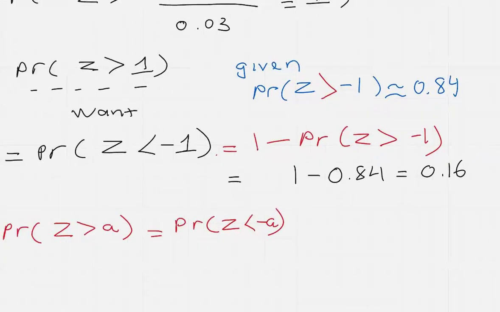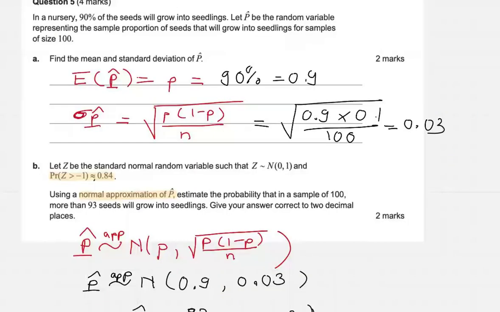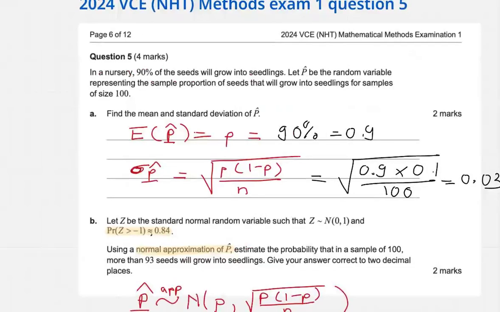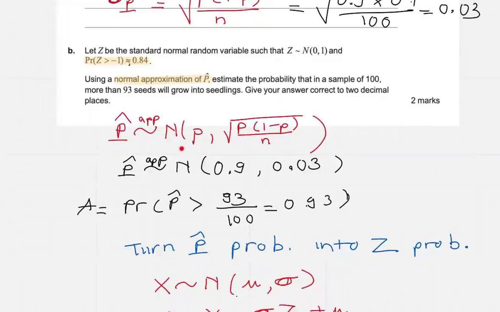So in this question, what is the key? First of all, remember that in the VCE method, the formula about the expected value and the standard deviation of the sample proportion is always the same, and it is given in the formula sheet, so let's use it well. Also, for the second question, we need to establish when we are allowed to use normal approximation, then p hat is approximately normally distributed.